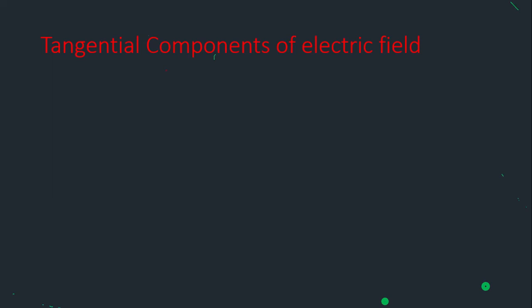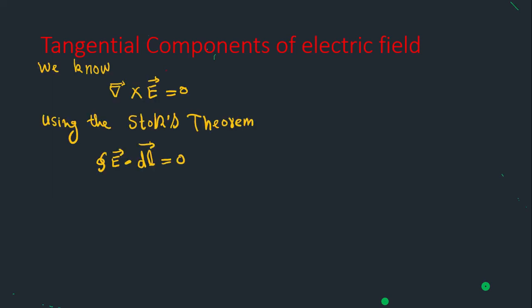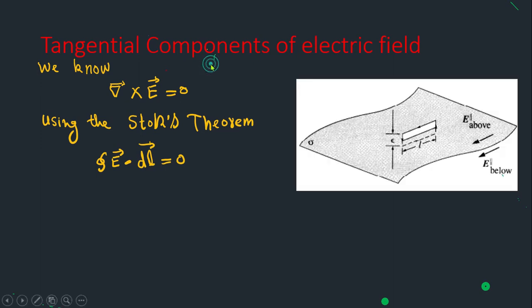Now we are going to discuss the tangential component of the electric field. For this we know that the curl of the electrostatic field is always 0, and using Stokes theorem we can write a closed line integral E dot dl is equal to 0.